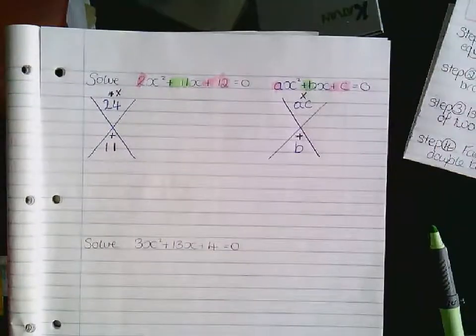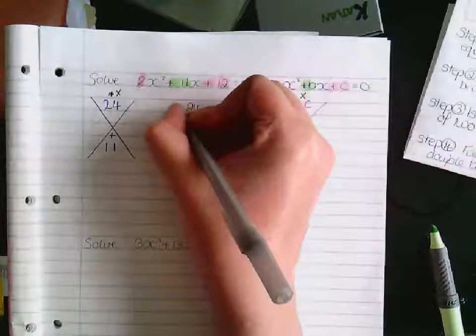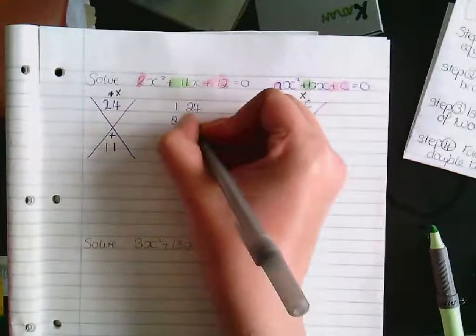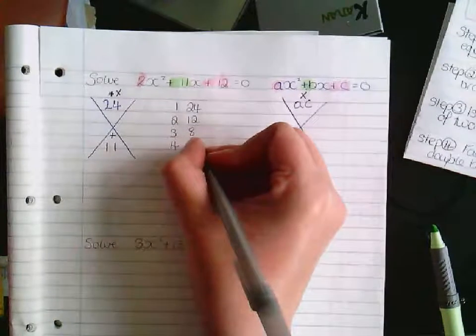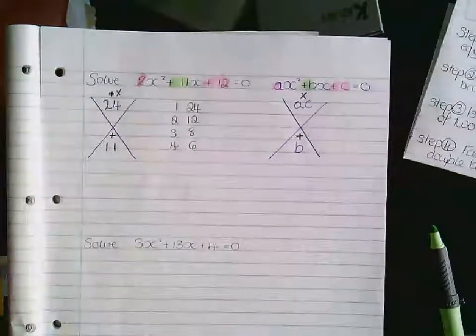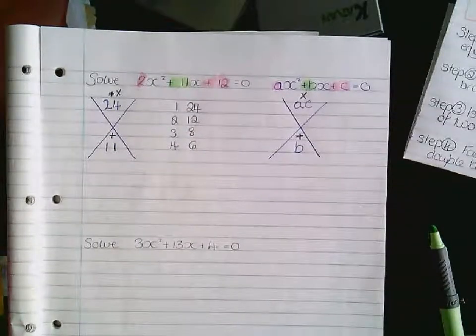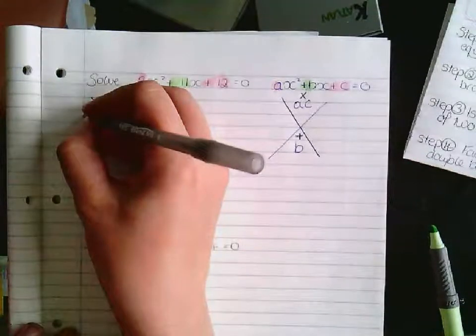The numbers here can get a bit tricky, so I'm going to use my normal technique. I'm going to list pairs of 1 and 24, 2 and 12, 3 and 8, 4 and 6. Which one of those makes the number 11? 3 and 8.